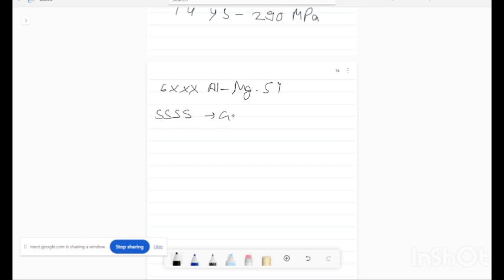Next is GP zones. GP zones are the cluster of magnesium and silicon atoms. Then beta prime phase will form, which has the composition of Mg2Si. Next, followed by the beta, which is the equilibrium phase, has the same composition of Mg2Si.